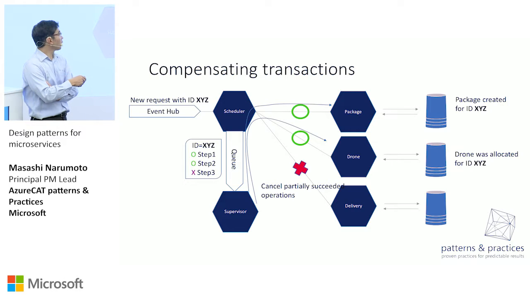Those 4 service calls are done asynchronously. And once all those 4 calls are done, then this guy will call the delivery service. Hey, here's the necessary information for you to manage the delivery. That's how it works.